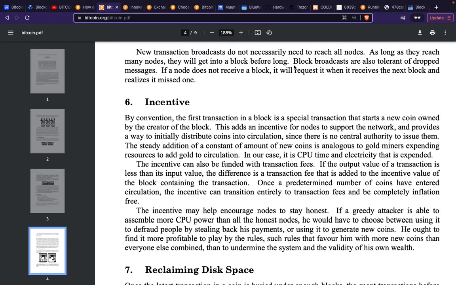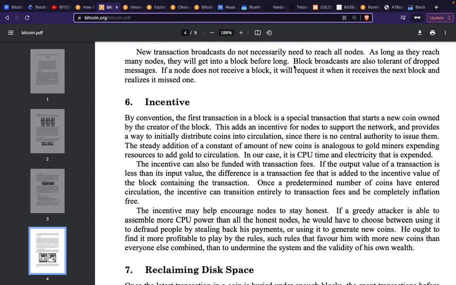By convention, the first transaction in a block is a special transaction that starts a new coin owned by the creator of the block, right?